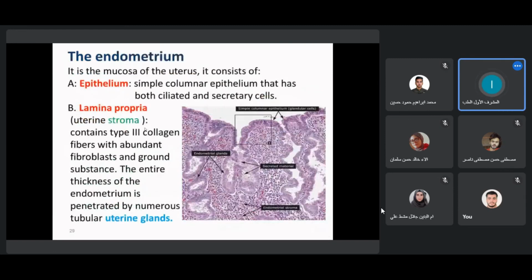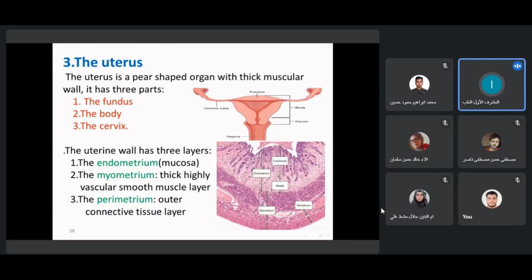The third part is the uterus, and it is divided into 3 parts: the fundus, the body, and the lower cylindrical part, which is the cervix. The wall of the uterus is divided also into 3 layers.